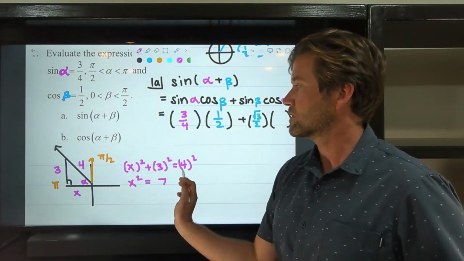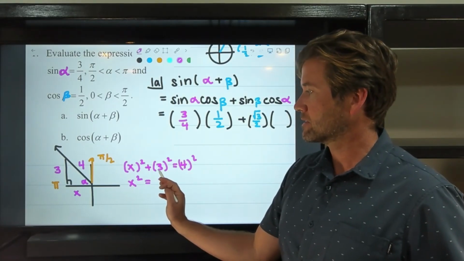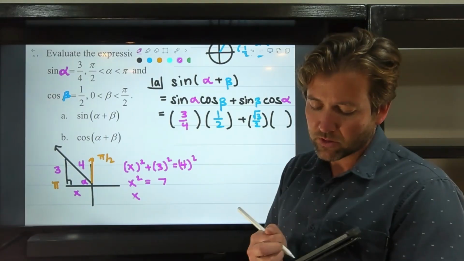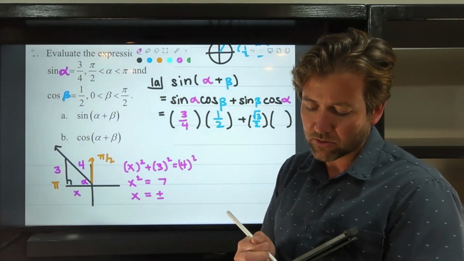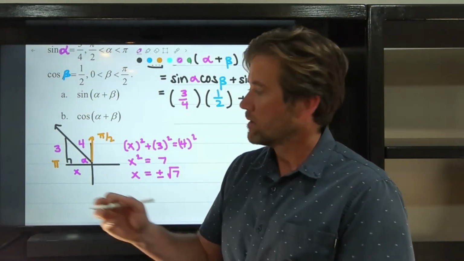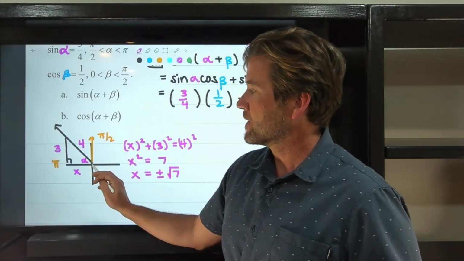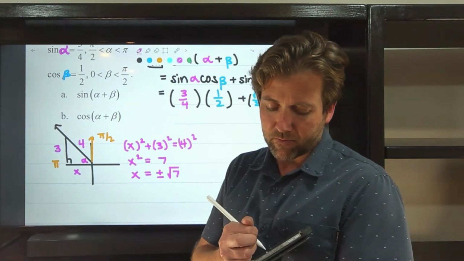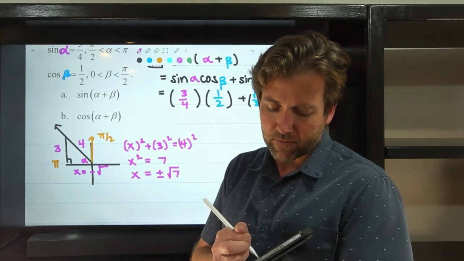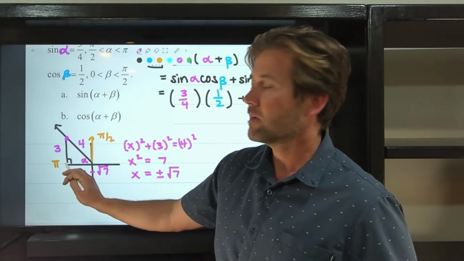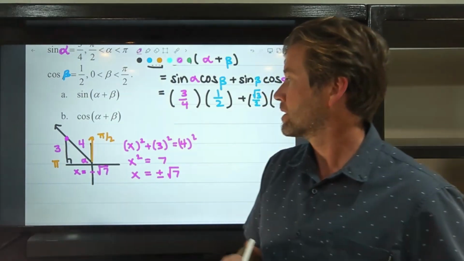I took 4 squared, which is 16, minus this 9. 16 minus 9 is 7. Take the square root of both sides, we get plus and minus the square root of 7. Now, if I am at the origin, I'm going to go to the left. So that's going to be a negative square root of 7. This point here in pink would be negative root 7, comma 3.